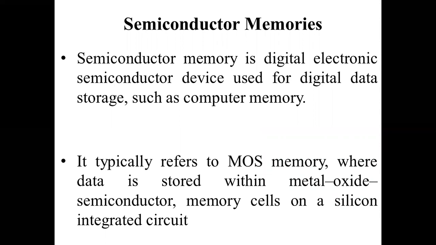In other words, we are using memory cells which are made of MOS, metal oxide semiconductor, on a silicon integrated circuit. What is an integrated circuit? You might be aware of the short name, that is IC.